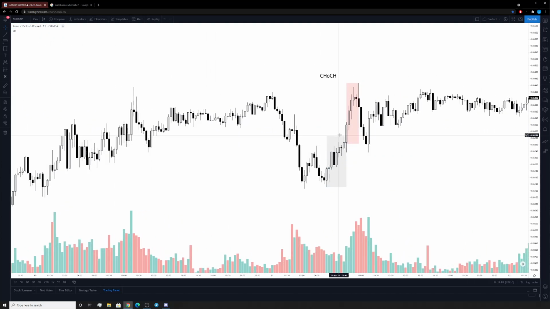What do I see? One, two mitigation, three mitigation, strong order flow here. 1, 2, 3, strong order flow.